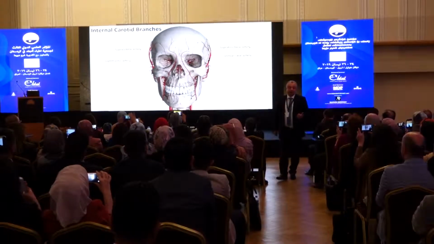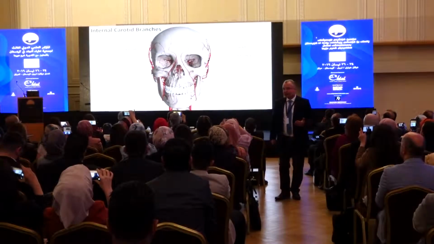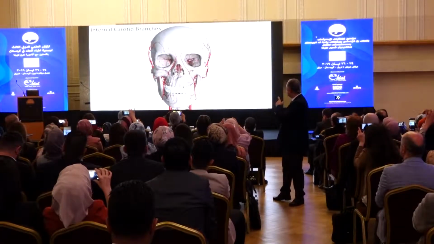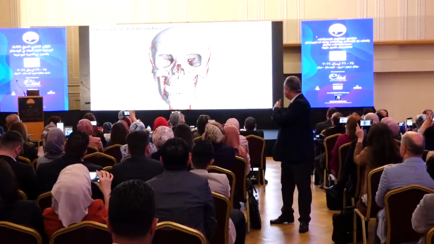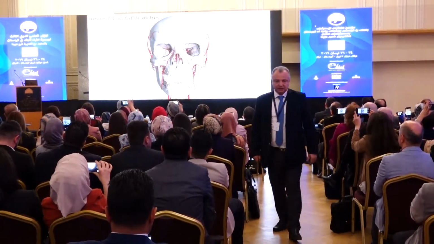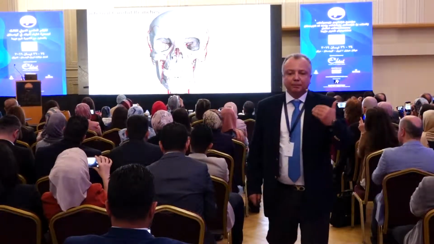The second main branch which supplies the face is the internal carotid artery, and these are the main branches: supraorbital, supratrochlear artery, we have the ophthalmic artery, and dorsal nasal artery. As you can see, this artery is supplying the upper part.